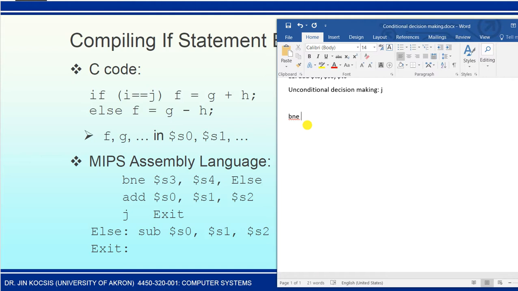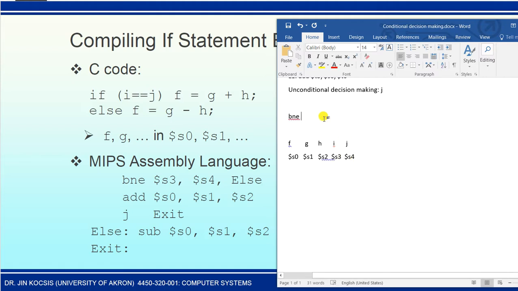So here, i is what? i is a FG. Let's just list here: f, g, h, i, j, corresponding to S0, S1, S2, S3, and S4, okay?